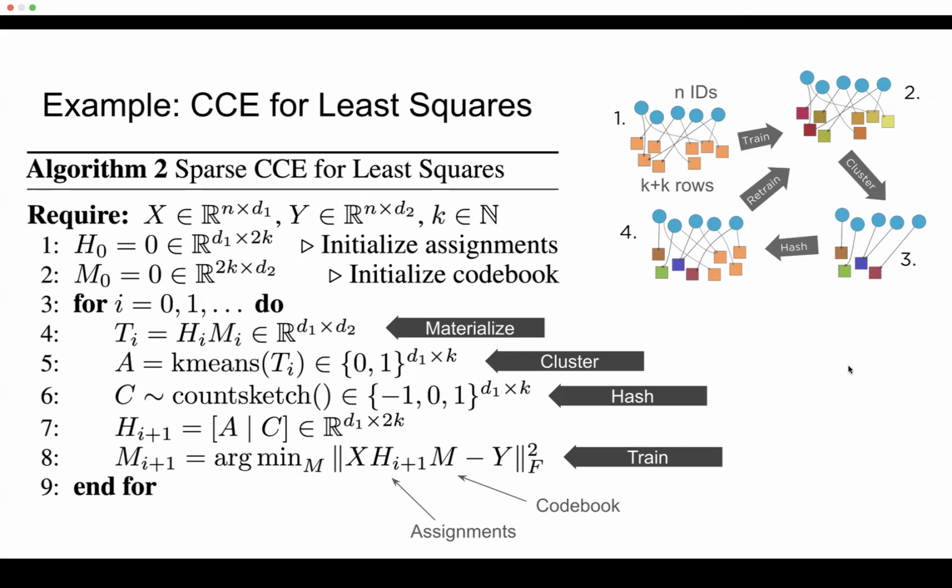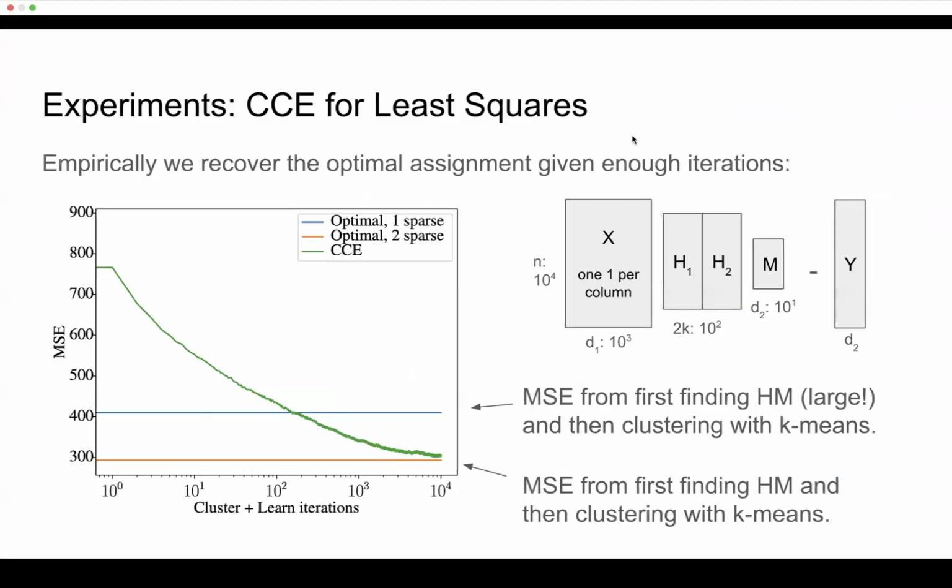So this is the algorithm we wanted to analyze: how many iterations does this take? At least for now, the slide is just showing experimentally that it does actually work. When you iterate this process with k-means, you get, okay, let's think about this.